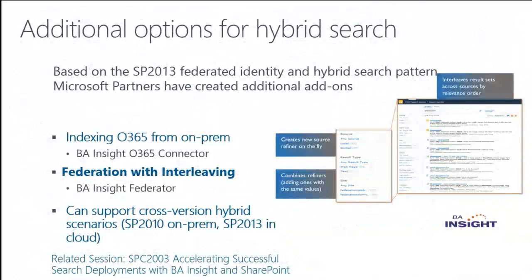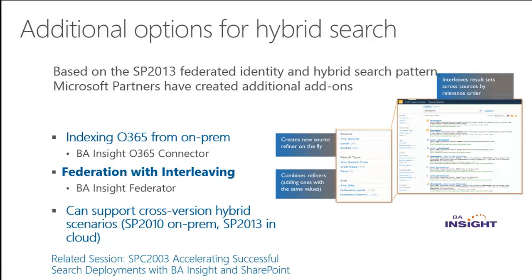One other option we just wanted to throw in is there is, I believe, a talk tomorrow. That's right. There's a partner presentation tomorrow by BA Insight. And they have a solution for crawling from on-premises. They have an option to crawl Office 365 content, so then the results will show up in your on-premises index.